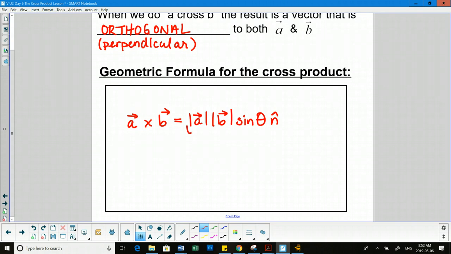This part right here gives me the magnitude of the normal vector, so it tells me the length, depending on the length of A and B. And this part gives me direction.